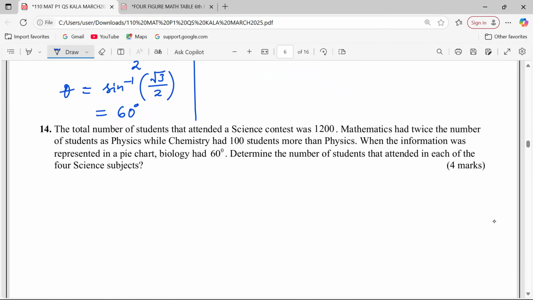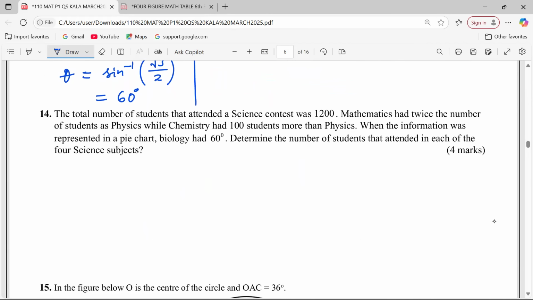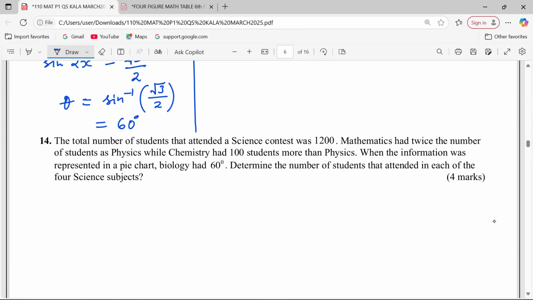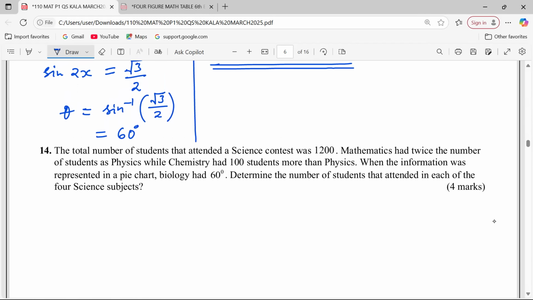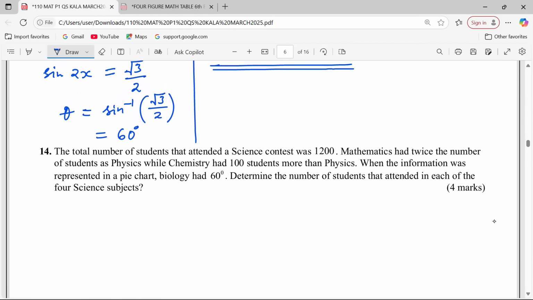Number 14. The total number of students that attended a science contest was 1,200. Mathematics had twice the number of students as physics. Then chemistry had 100 students more than physics. You see now this information is rotating around physics.